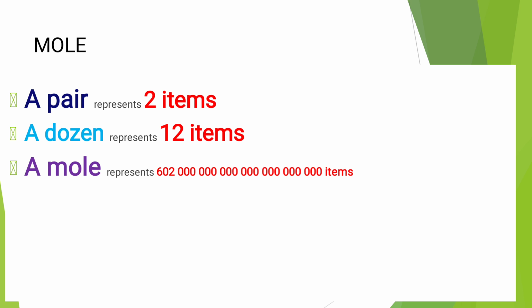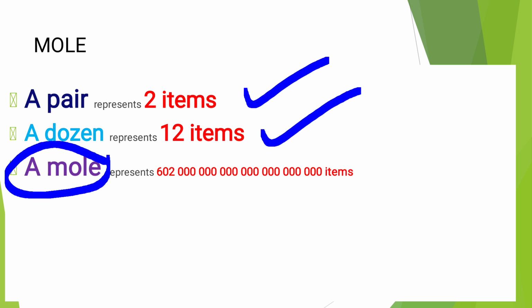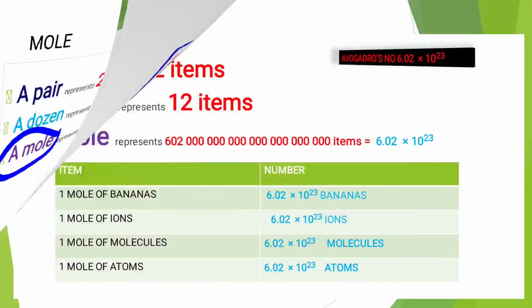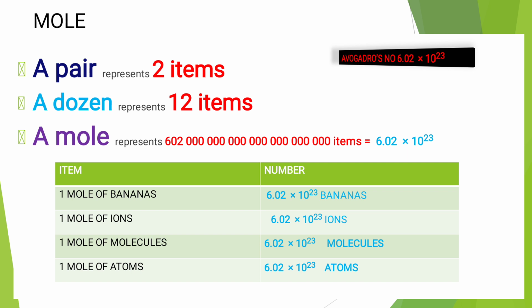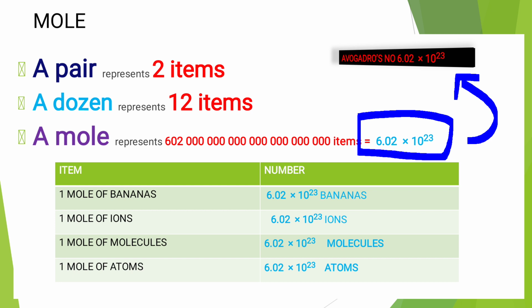A pair represents 2 items, while a dozen represents 12 items. A mole, in our case now, represents 6 or 2 exillion. This number is also referred to as Avogadro's number, which is 6.02 times 10 to the power 23.